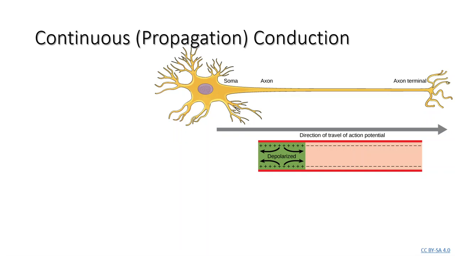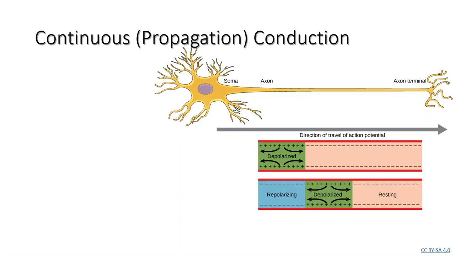In continuous conduction, ions flow through their voltage-gated channels in each adjacent segment of the membrane. In actuality, it is not the same action potential that propagates along the entire axon. Instead, the action potential regenerates over and over at adjacent regions of the membrane from the trigger zone to the axon terminals.